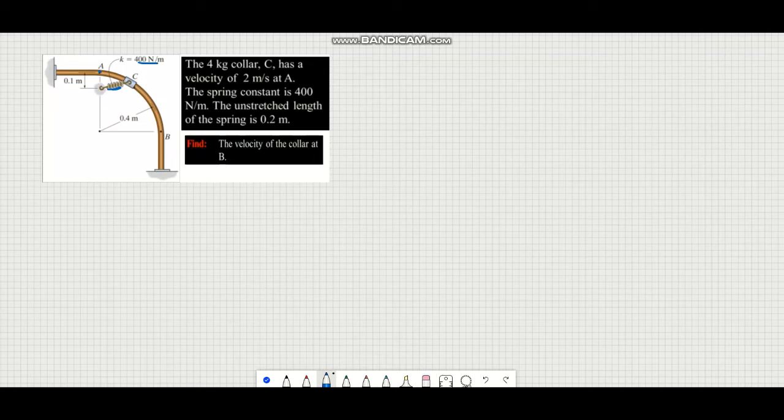We need to find the velocity of the collar at point B. From conservation of energy, we know that at point A, the kinetic energy plus the potential energy of this system is equal to point B's kinetic energy plus point B's potential energy.